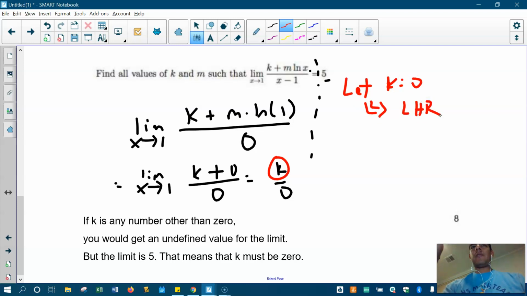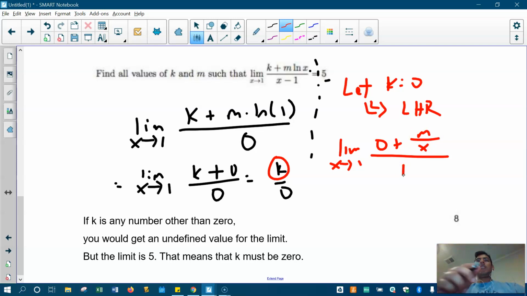So now let's do a derivative. The limit as x approaches 1 of the top's derivative is going to be derivative of k is 0, so 0 plus the derivative of ln of x is going to be 1 over x with an m on top, divided by the derivative of x minus 1, which is just 1. Now, let's clean this up here.